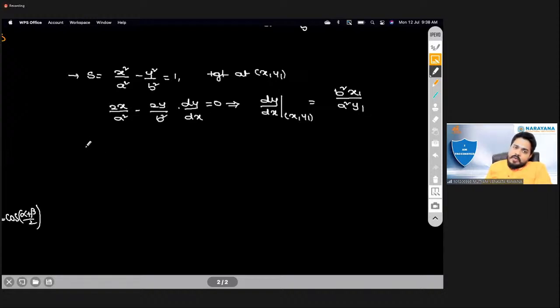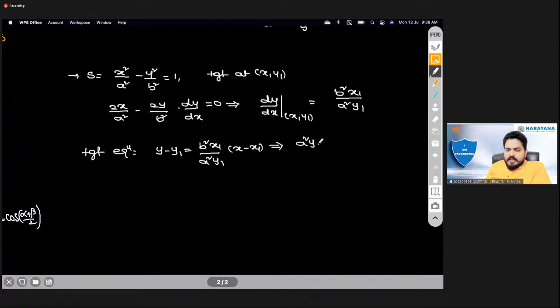What is the tangent equation? The tangent equation is y minus y1 is equal to b square x1 by a square y1 into x minus x1. So from here, a square y1 into y minus y1 is equal to b square x1 into x minus x1.